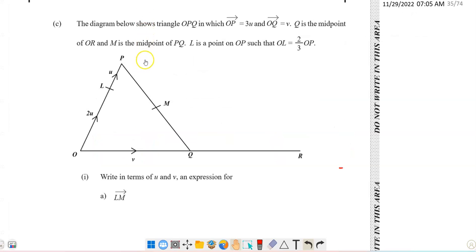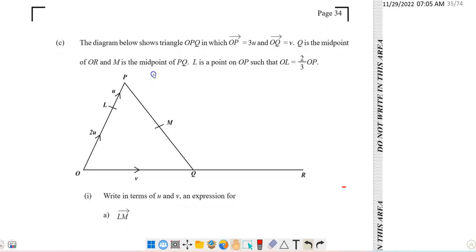part C. So here we have a diagram which shows a triangle OPQ, and it says that OP is 3U, and OQ is V. Q is the midpoint of OR, so OR is this length here, and Q is the midpoint.